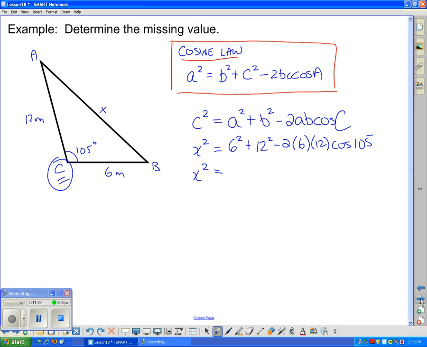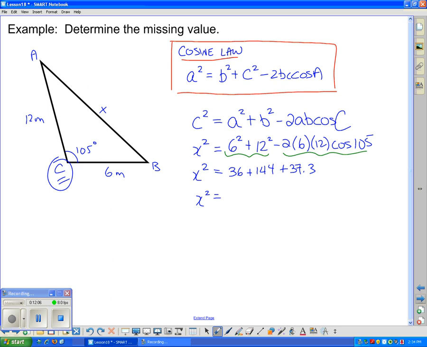Please remember this and this have to be calculated either separately, or if you have a calculator that handles it all at once, that's fine. But you cannot add those terms together until the cos 105 has been punched into the calculator and a value found. So as you punch it into the calculator, minus 2 times 6 times 12 times cos 105, I get negative 37, so I'm actually adding 37.3.